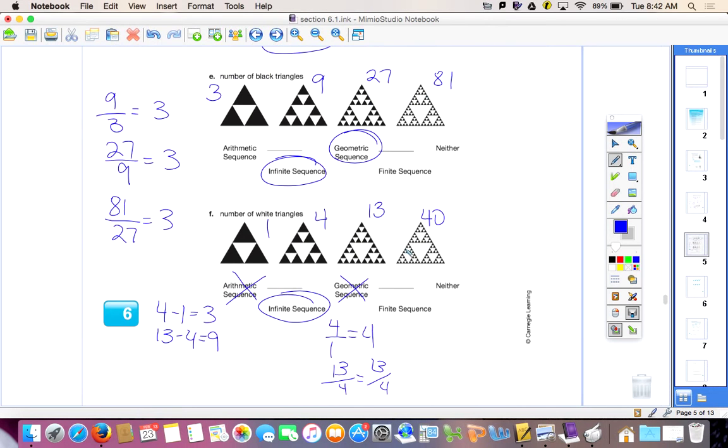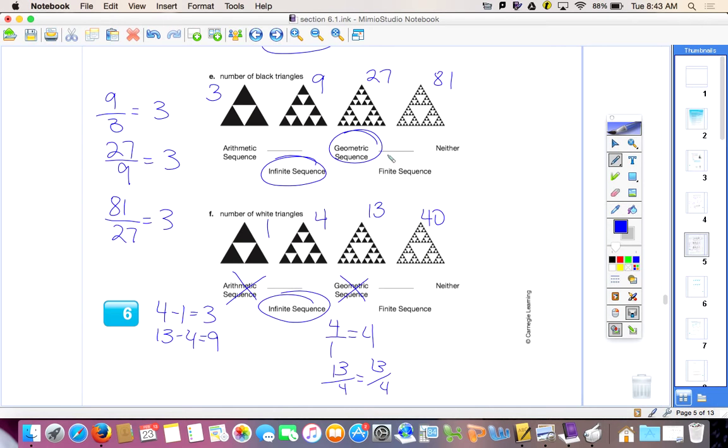Next 2 problems, number of black triangles. In my first figure I have 3, my second 9, my third 27, my fourth 81. I can look at this right away and see that I don't have a common difference, so I know it's not an arithmetic sequence, but do I have a common ratio? So 9 divided by 3 is 3. 27 divided by 9 is 3. 81 divided by 27 is 3.